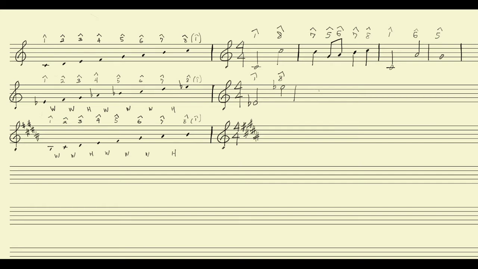In a C major frame of reference, that's B, but in E flat frame of reference, that's D. Scale degree 5 in C is the note G, but in an E flat frame of reference, scale degree 5 is going to be B flat.